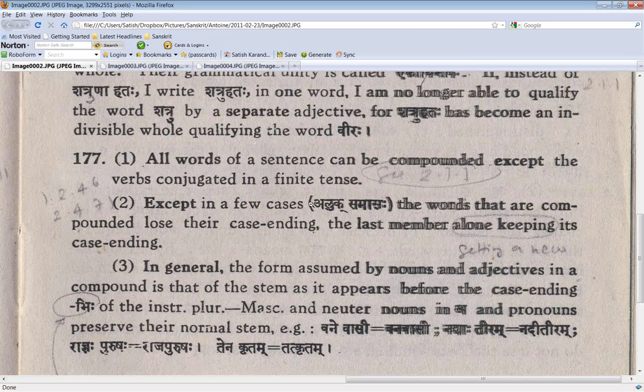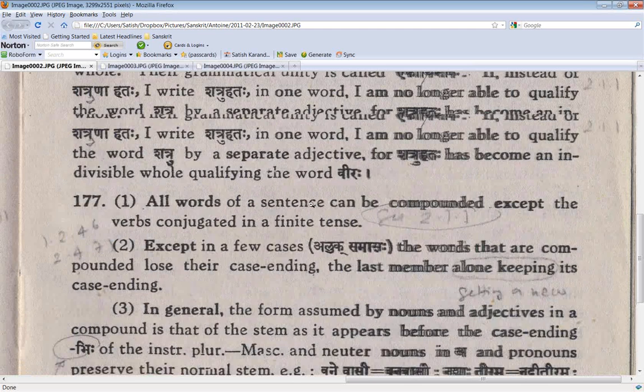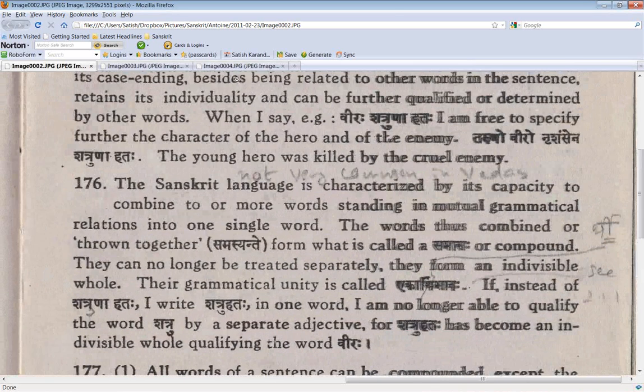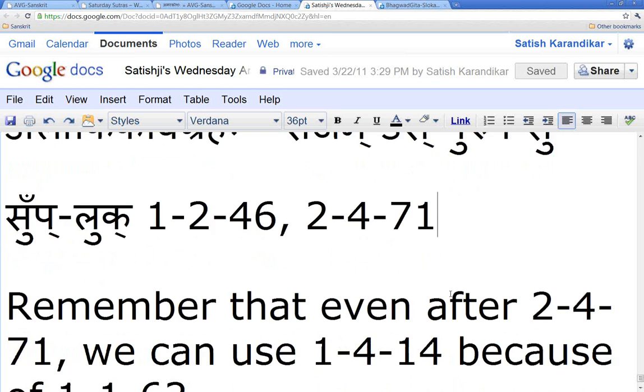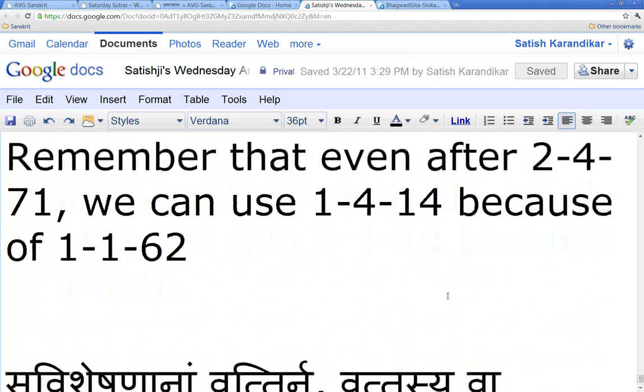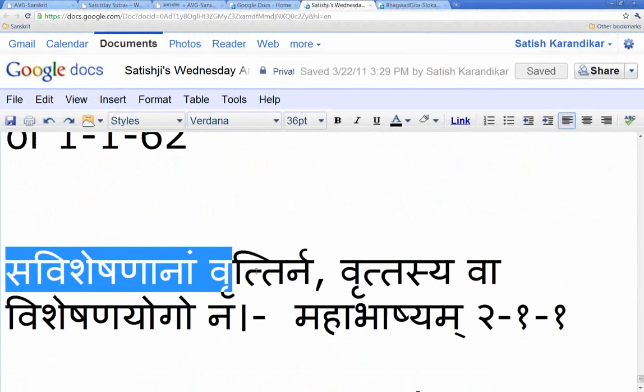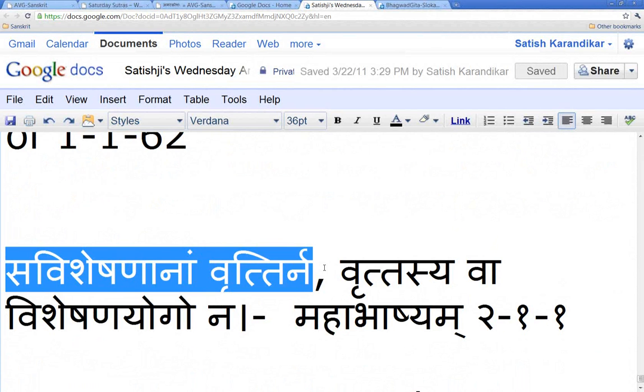Now, what else did we see last time? Ekati Bhavaha. Also one more important thing, which you saw with the quotation from the Mahabhashyam. Let's look at that one. Sa Visheshananam Vrittirna: things which already have an adjective hanging with them cannot be compounded leaving the adjective behind.